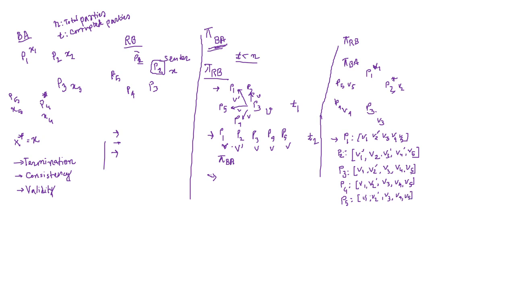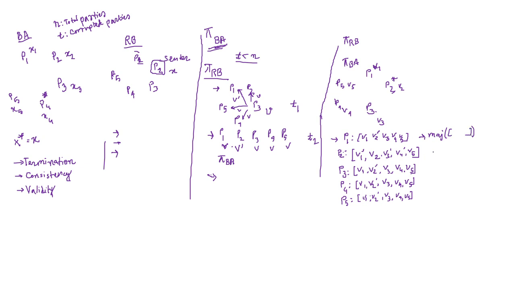Now what happens is that once such n values are available to each party, as the output of the BA protocol, they will output the majority of these 5 values.